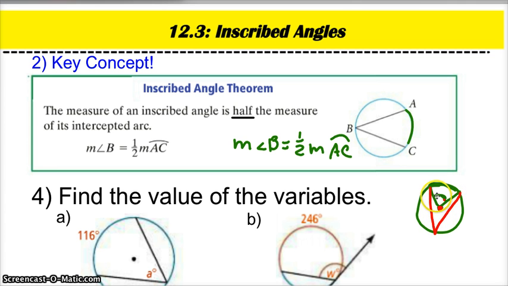So it's no longer equal in size, it's now half. Let's say this is 60. If it were in the center, the arc would be 60. But now that the angle is pulled backwards to the edge of the circle, this is now a smaller angle, and it's smaller by half.